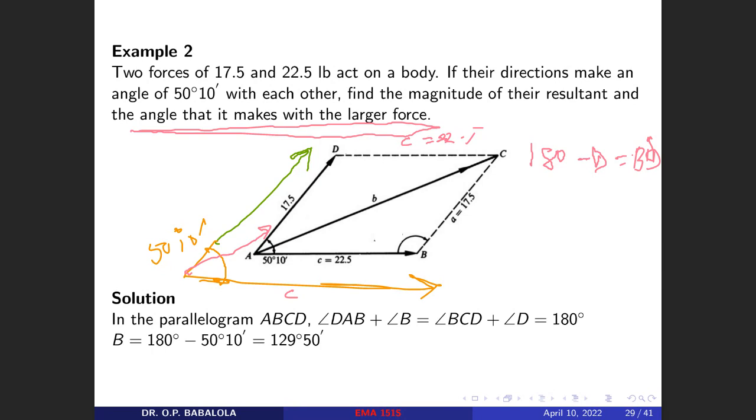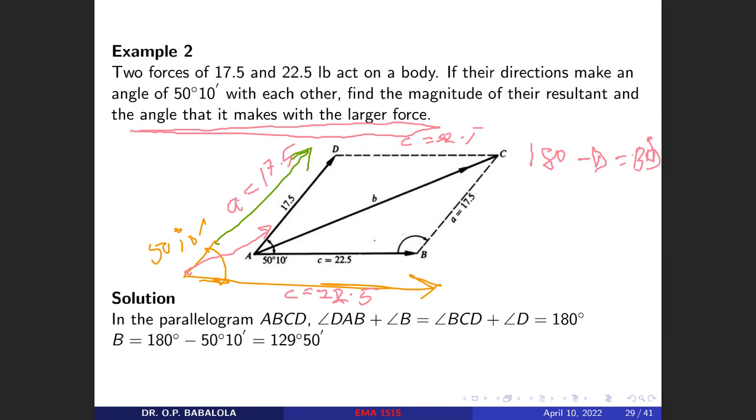And in this case, Keno, what is the larger force between the two? Yes, it's 22.5. So we want to find the angle that the resultant force makes with this force 22.5.